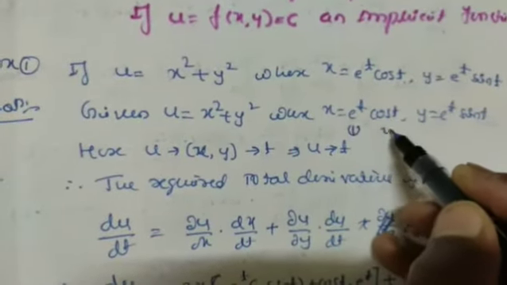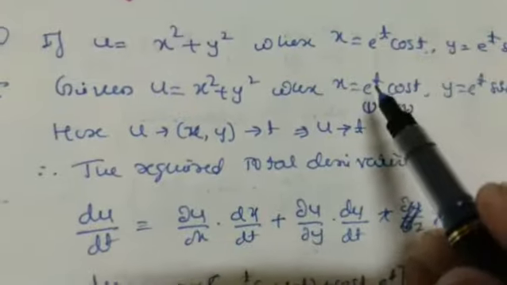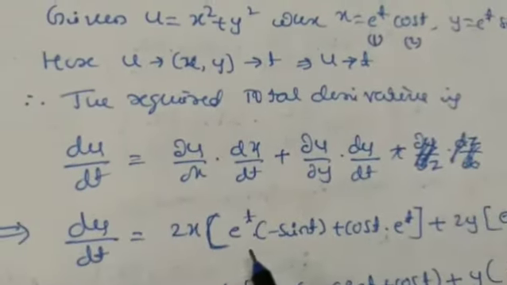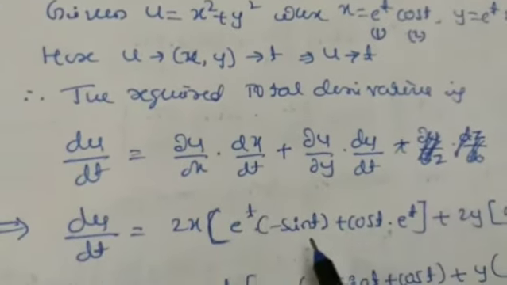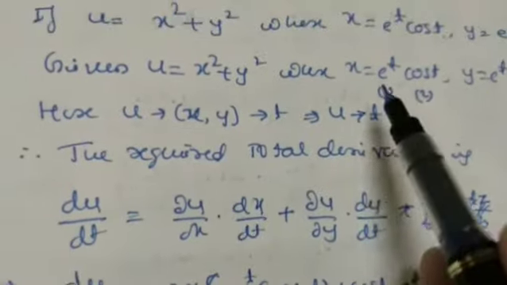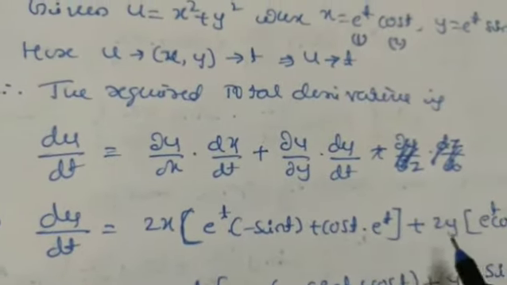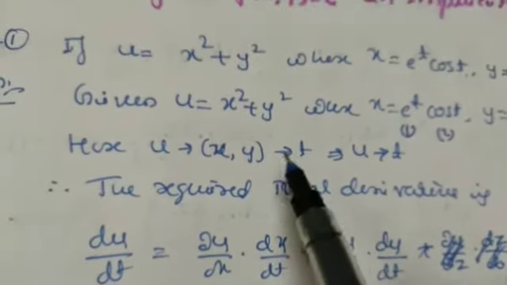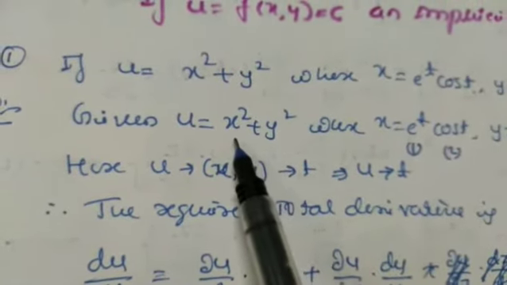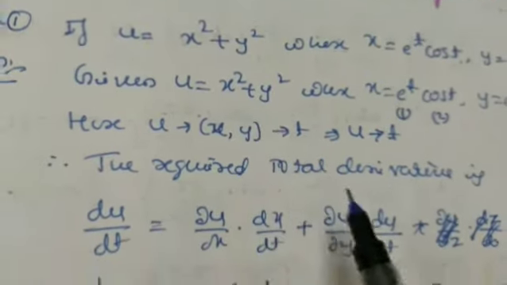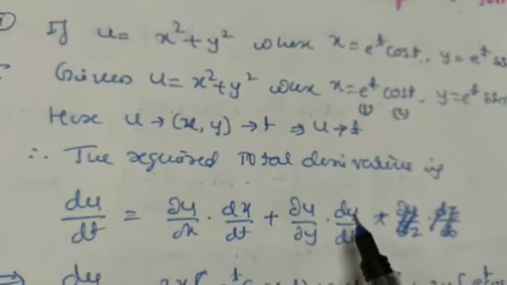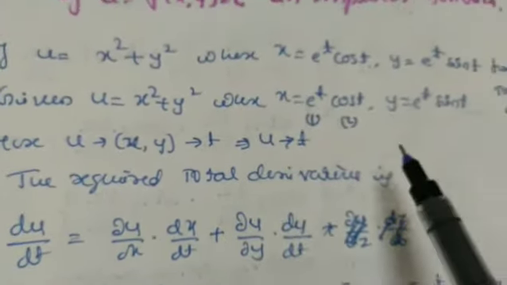So we take the first function e raised to t as it is, into the derivative of cos t, which is minus sin t, plus cos t as it is, into the derivative of e raised to t, which is e raised to t only. Plus dou u by dou y is 2y, because we differentiate u partially with respect to y, treating x as constant; the derivative of y square is 2y, into dy by dt.